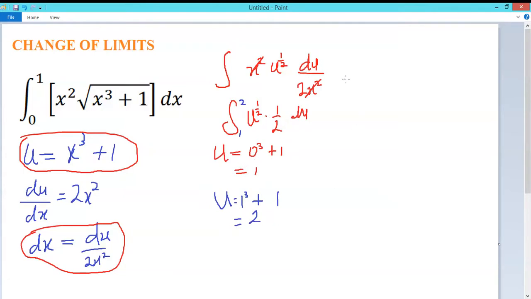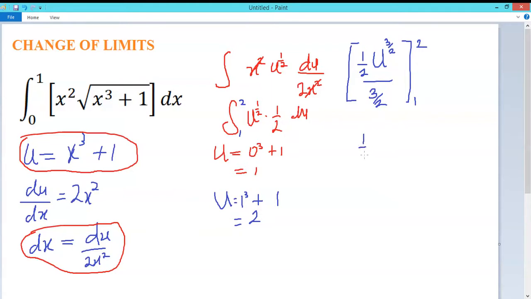Then we now perform the integration. So half, we increase the power by 1. Half plus 1 is 3 over 2. Use your calculator to confirm that. Then we divide the result by 3 over 2. We write our upper and lower limits here: the new limits, upper and lower, are 2 and 1.